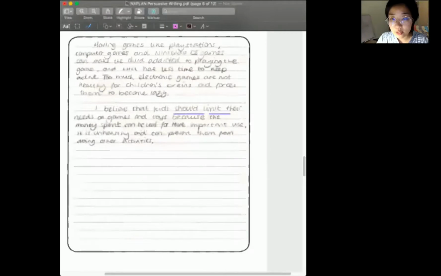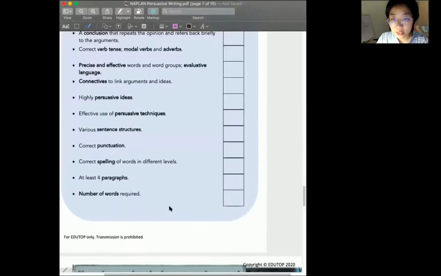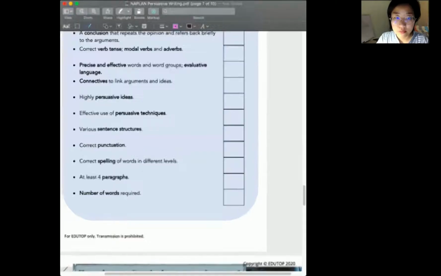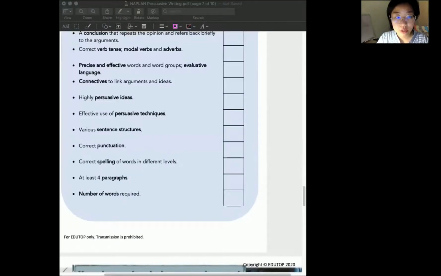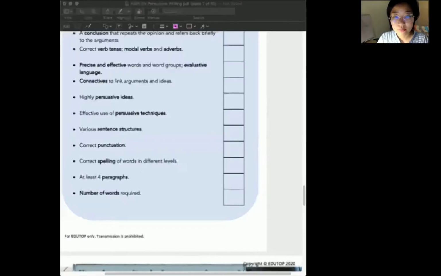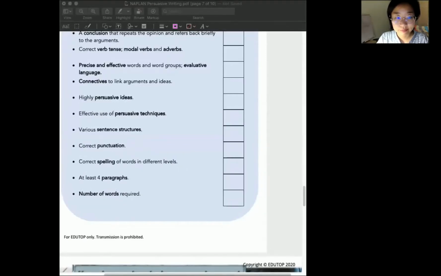Next, we're going to look at the spelling of words at different levels. You can pause there and have a go yourself. What words do you think are difficult words? Now you can come back. This person correctly spelled all the simple common words, and it has at least 10 difficult words.